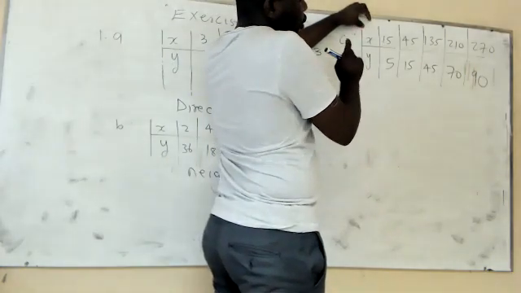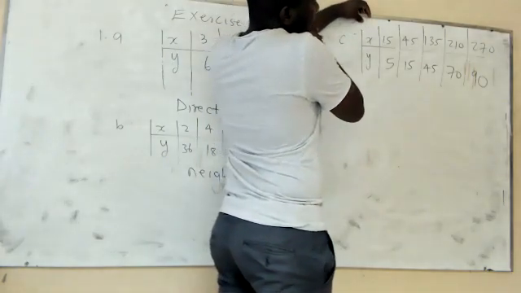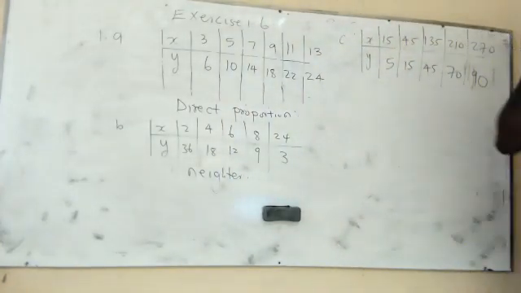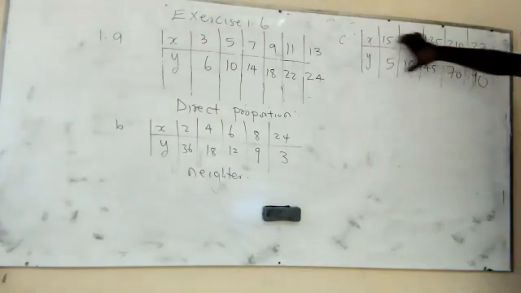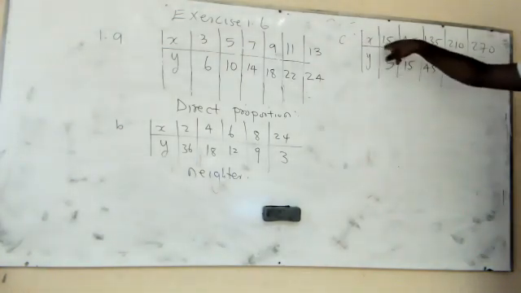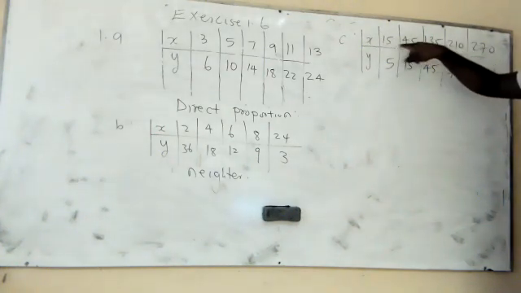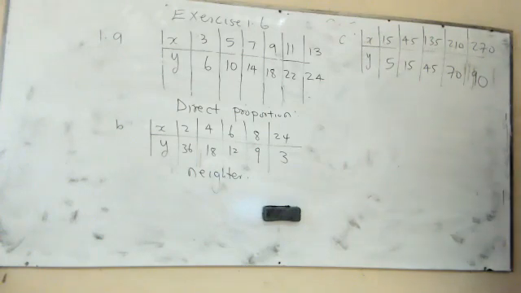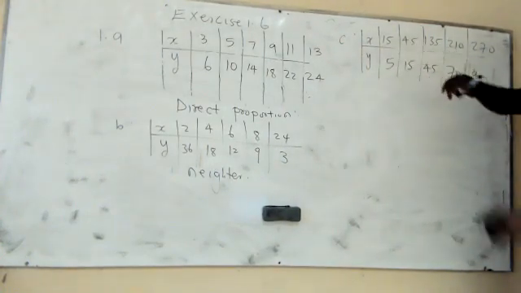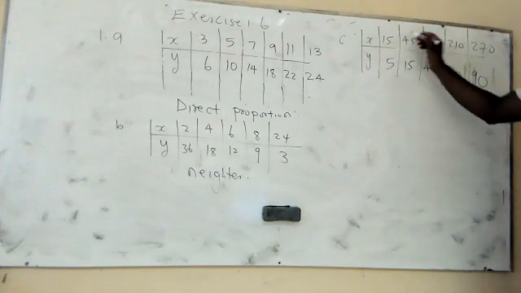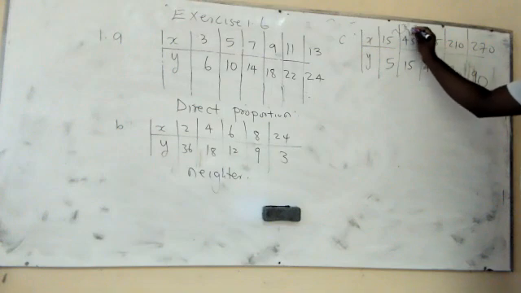The very first thing which we need to do is to check the constant quotient or the constant coefficient. So now the constant quotient in this case you can get by checking the difference between these values we have here. So if we subtract 45 and 15, what do we get? 30.